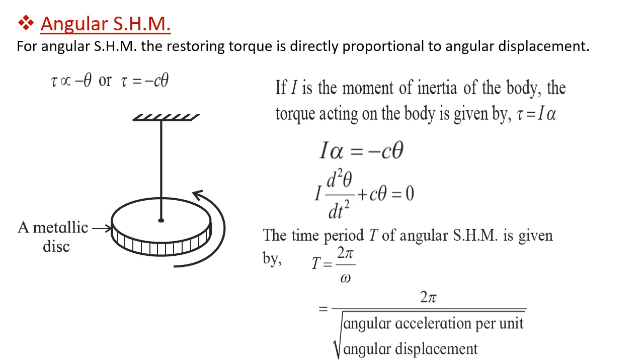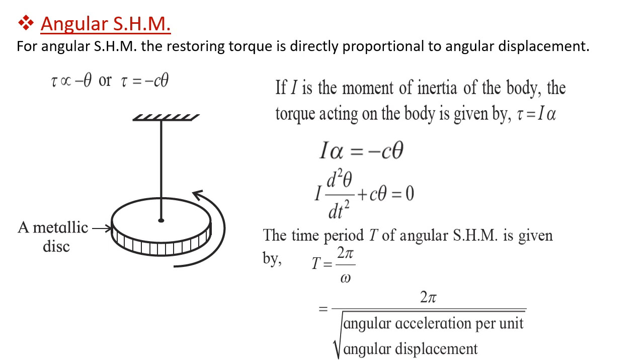Now if the magnitude of this restoring torque happens to be proportional to the corresponding angular displacement, then we call the motion angular simple harmonic motion. So as I said, for angular SHM of a body, the restoring torque should act on the system, and the angular displacement and the restoring torque should be opposite to each other.